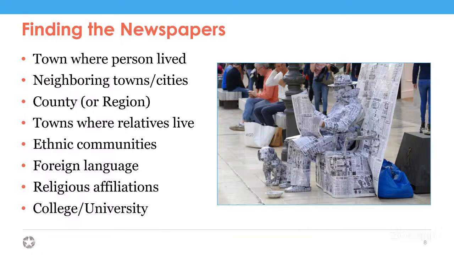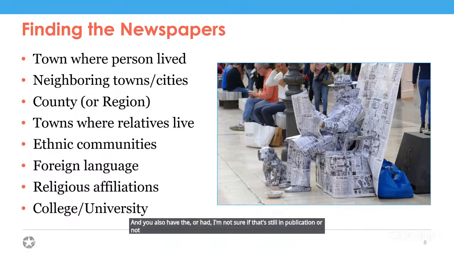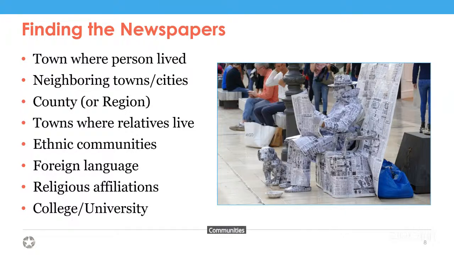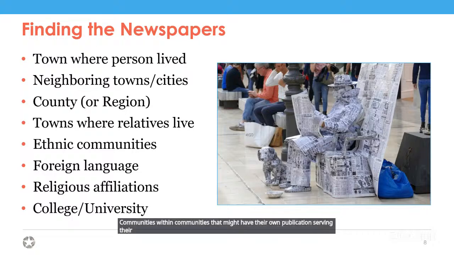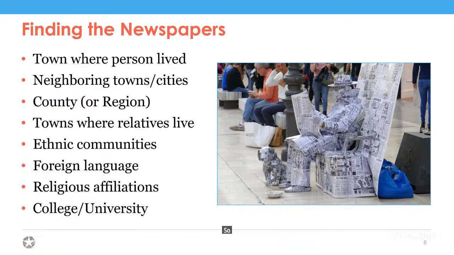And you also have or had, I'm not sure if that's still in publication or not, the Dallas Chinese News. So you have communities within communities that might have their own publications serving their community needs and informational distribution. So consider that. And some might be in foreign language.